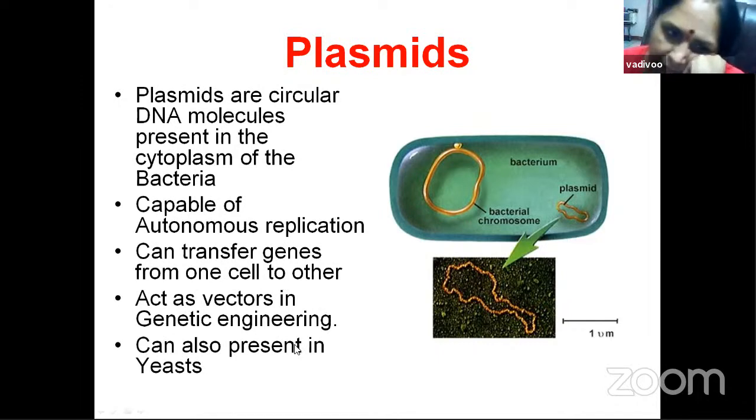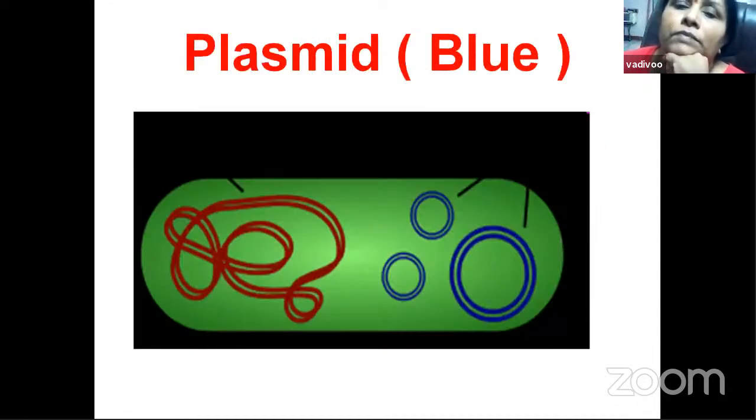They act as vectors in genetic engineering, and they are also present in yeast. Yeast is a fungus, so plasmids are not only present in bacteria, they are also present in fungi. You can see here the bacterial structure: the red structure is the bacterial DNA, and the blue are plasmids. There can be more than one plasmid in a bacterial cytoplasm.